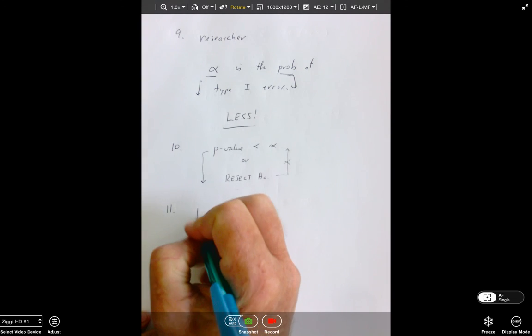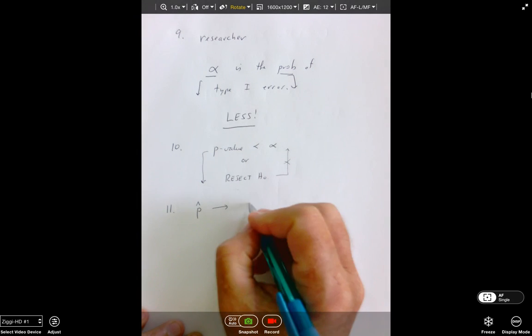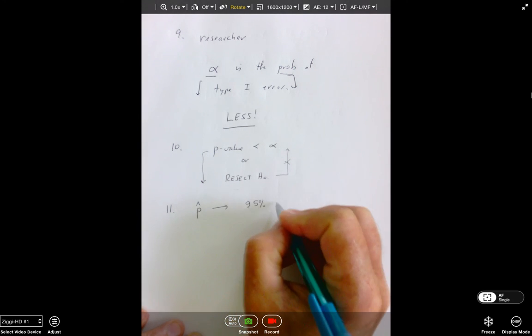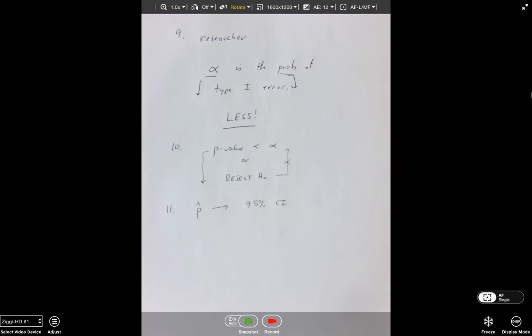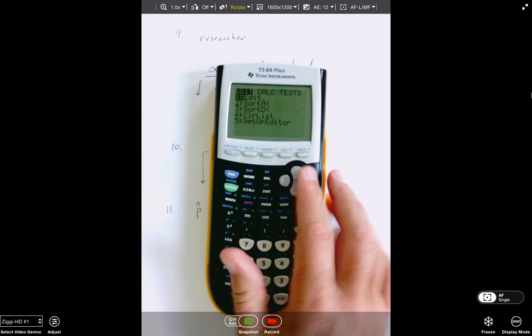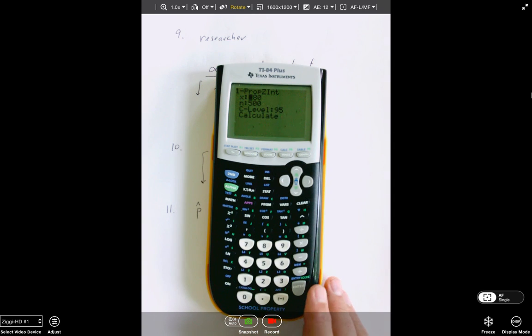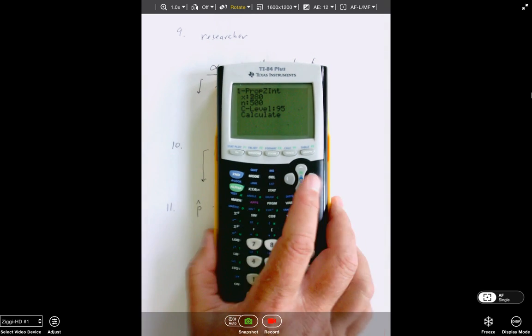What would be better to say is to take our p hat and create a 95% confidence interval. And they could have done that. It's not that hard. Tell them to go buy a calculator. Easily done.